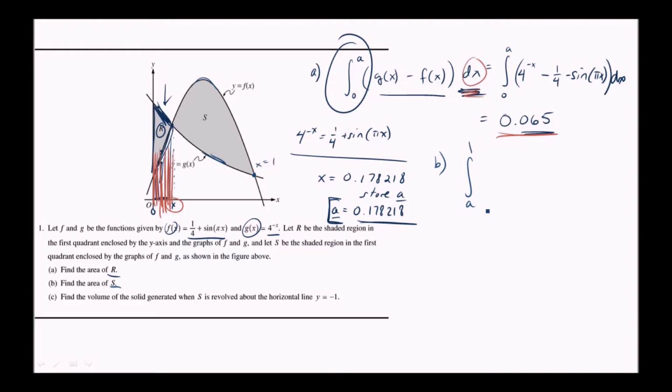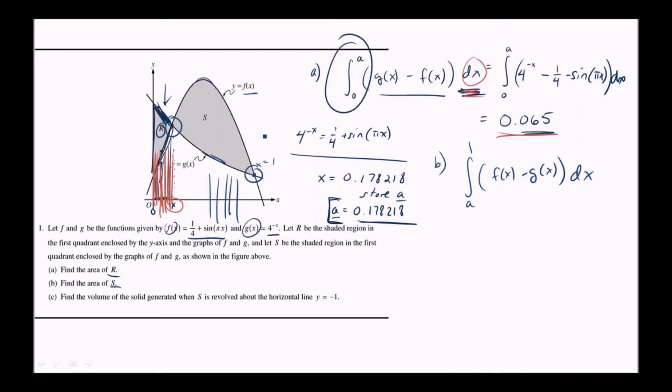So you have the integral from a to 1, so from here to here, of, now f of x is the top function, so f of x minus g of x, again slicing in the x direction, so dx with respect to x.